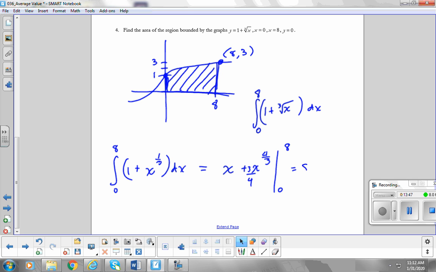And then you plug in 8, so it's 8 plus 3/4 times 8 to the 4/3. And then minus plug in 0, that's just going to give you 0. You don't have to do 8 to the 4th and then cube root it. You could cube root it first and then raise it to the 4th. So the cube root of 8 is 2, then 2 to the 4th is 16, and 16 divided by 4 is 4, and 4 times 3 is 12, and 12 plus 8 is 20.